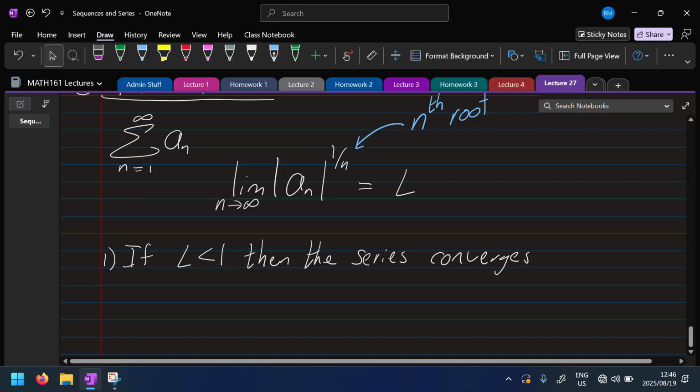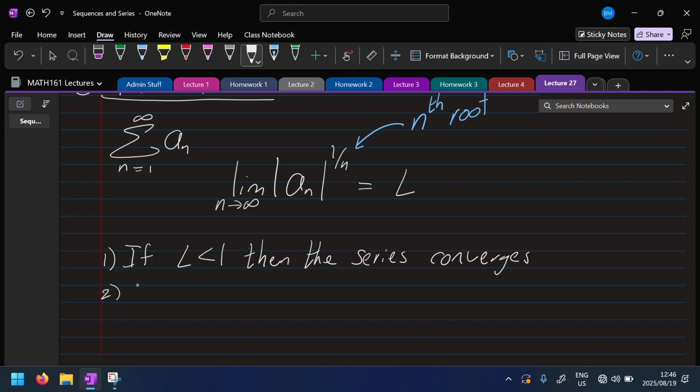Same as before, if it is greater than 1, it's divergent. And same as before, if L equals 1, you have to try something else.